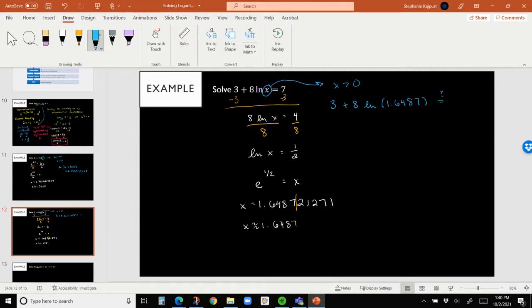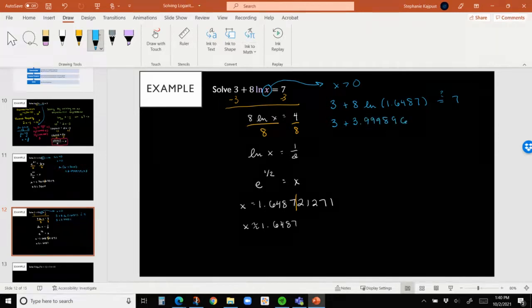And we're basically checking, does this give us 7? So I'm going to just, on my calculator, do the natural log of 1.6487. And I'm also going to multiply that by 8 and just do that in one step. So I'm getting lots of decimal places.